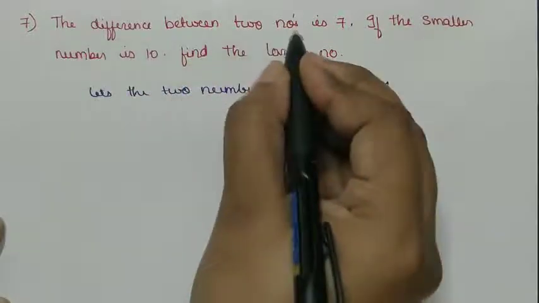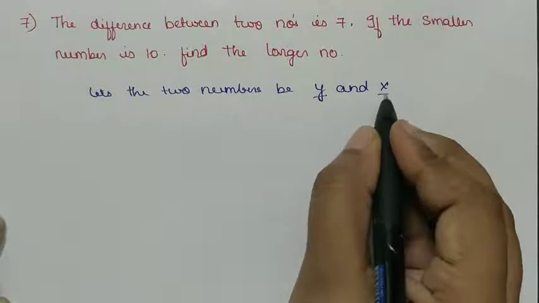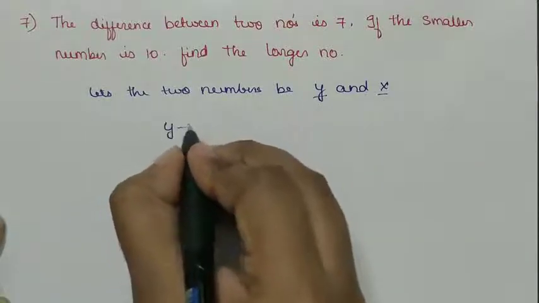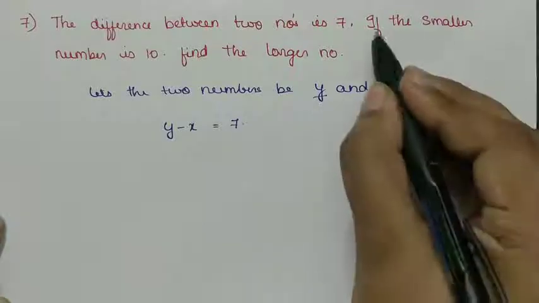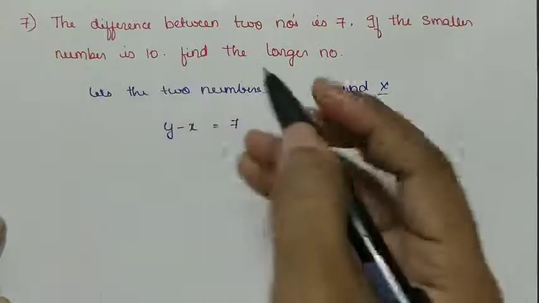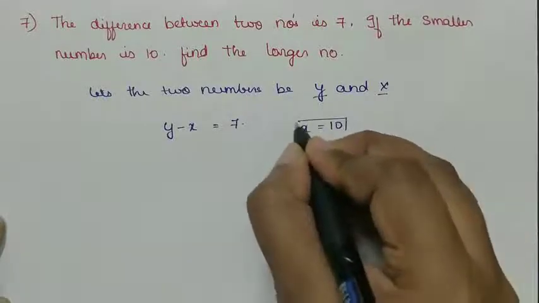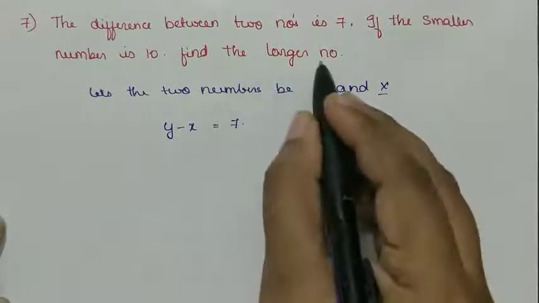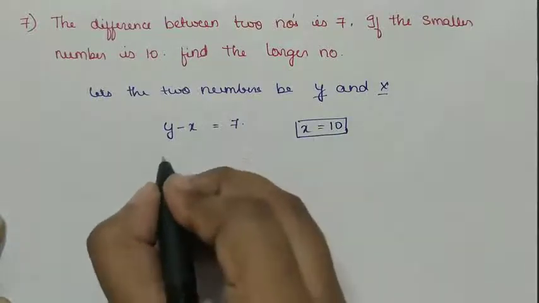The difference between two numbers is 7. Larger number minus smaller number, y minus x, is equal to 7. If the smaller number is 10, that means x equal to 10. Find the larger number.